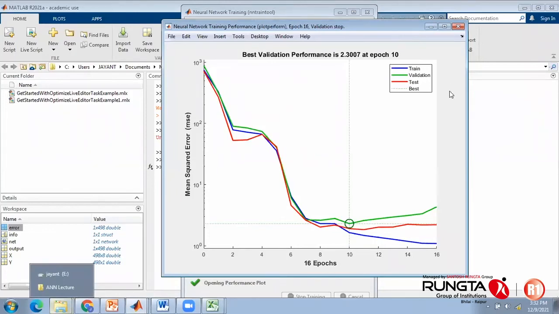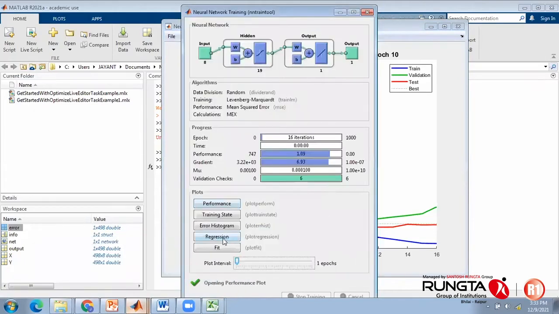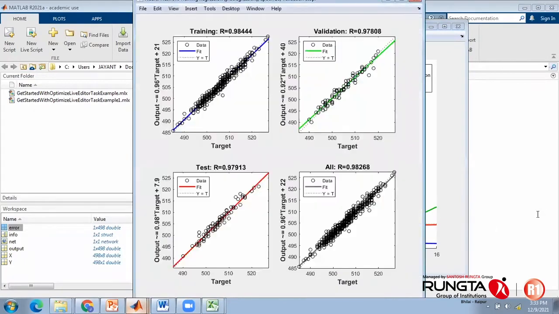I have not changed the transfer function or the optimization algorithm. Still, with a simple topology change, there are this many changes. Then we'll check on the regression front. A marginal improvement. Last time it was 0.98 something, and this time also it is 0.98.